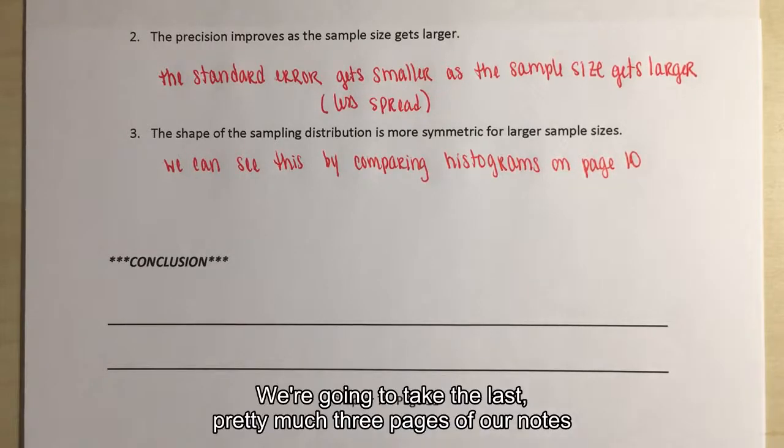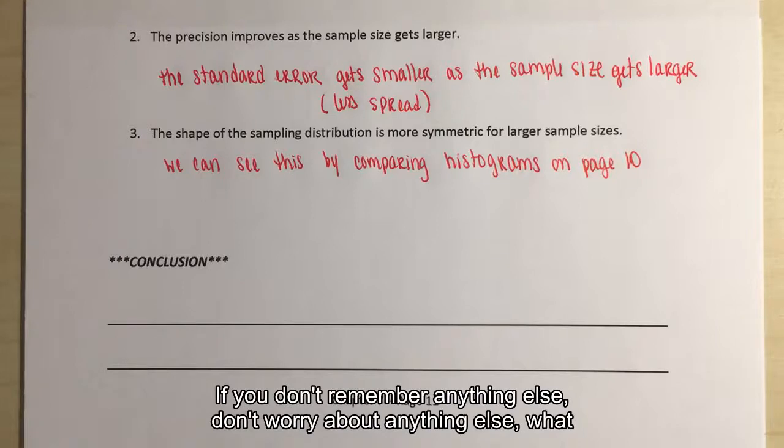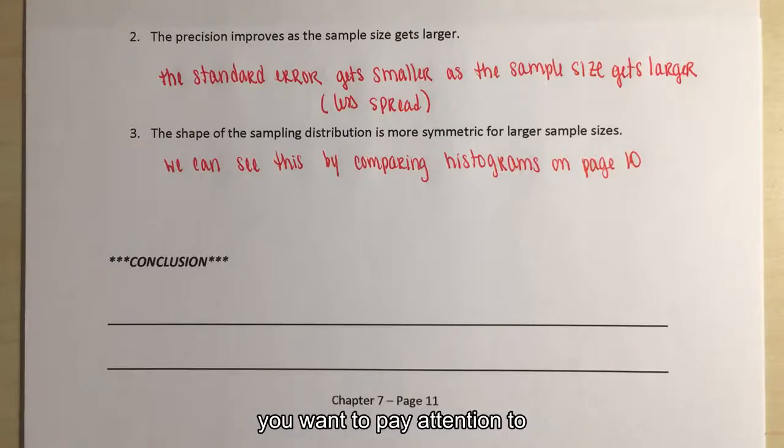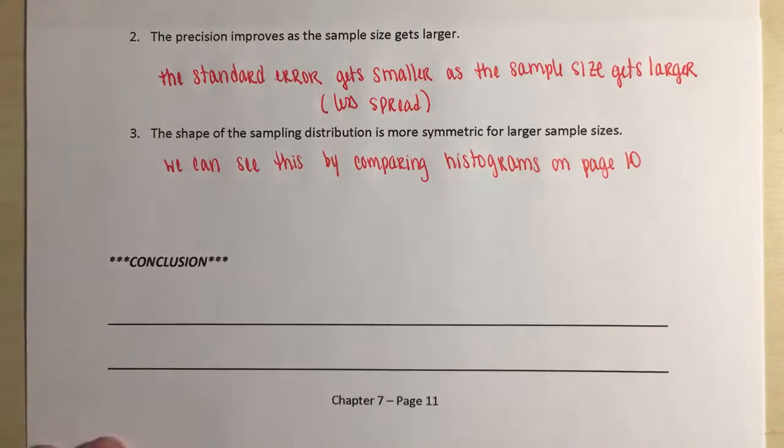So we're going to take the last pretty much 3 pages of our notes and condense them into one sentence. If you don't remember anything else, don't worry about anything else. What you want to pay attention to is this very last sentence that we're going to write here for our conclusion.